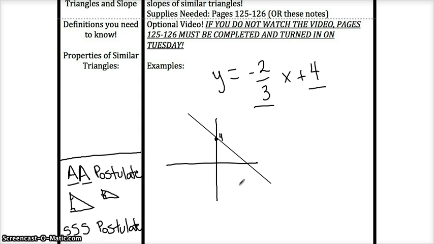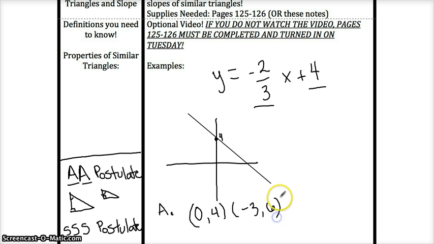Okay, so first it's asking us for letter A. It's asking us to find the slope of the line using the points (0, 4) and (-3, 6).